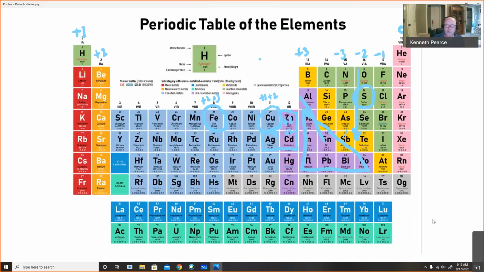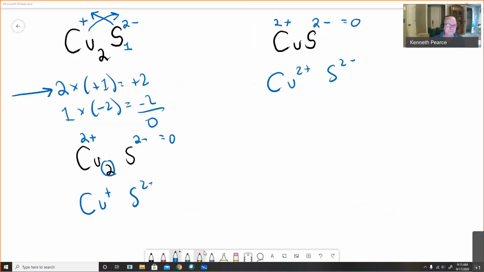These are what are called the poor metals. And the poor metals in that area can have various charges as well, but it doesn't change what you're doing as far as trying to figure out what the charge is. Okay, so now that's how you do that.